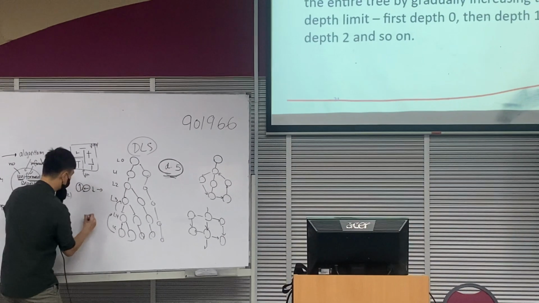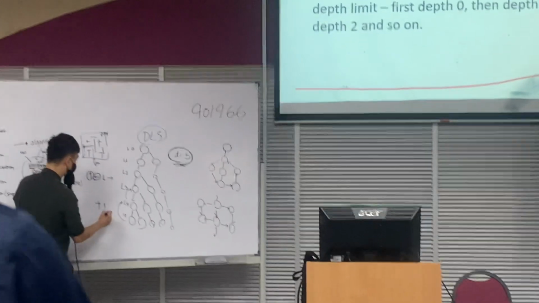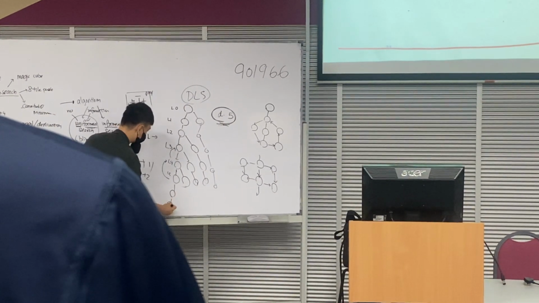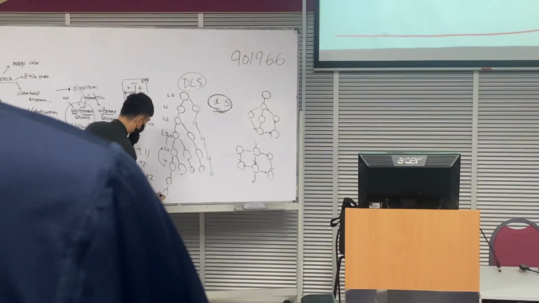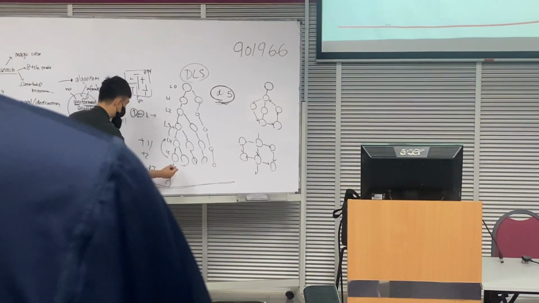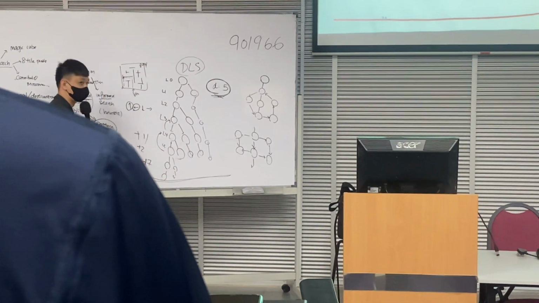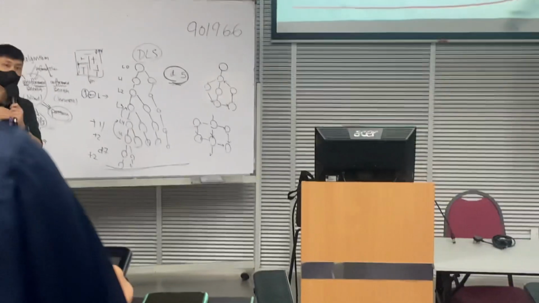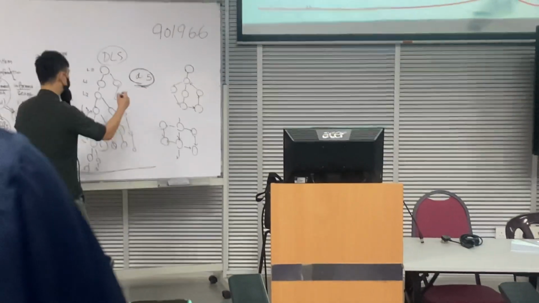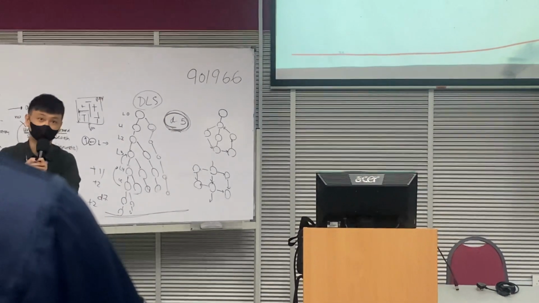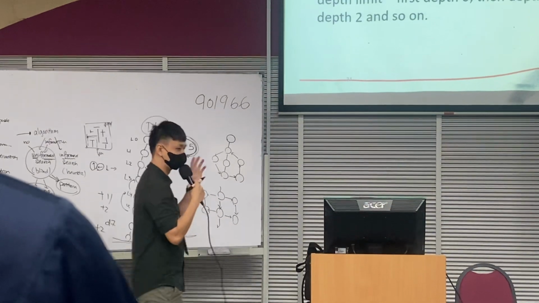We add the iteration, maybe increment by 1 or maybe by 2. Then we continue the search again. Let's say now we set D equal to 7. If there's no solution, add more, maybe 1 or 2. You iterate and increase the value of D. Not very important now.